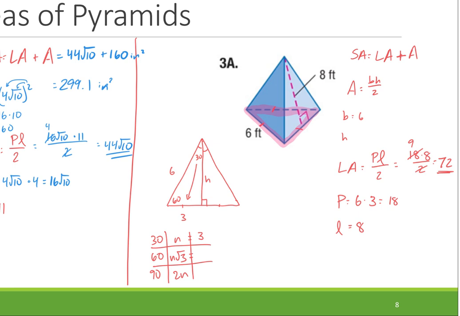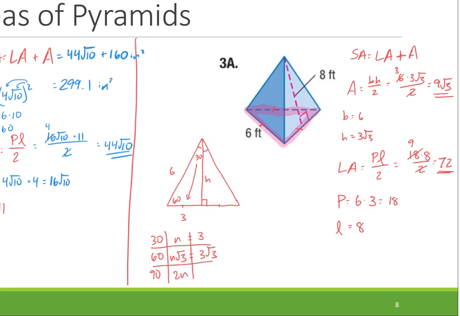And my height then is going to be 3 root 3. So now I'm going to come back over here. My height is 3 square root 3. And now I have all my information, so I'm going to take that and plug it in. So I have 6 times 3 root 3 divided by 2. That's going to divide, and my answer is 9 square root 3.